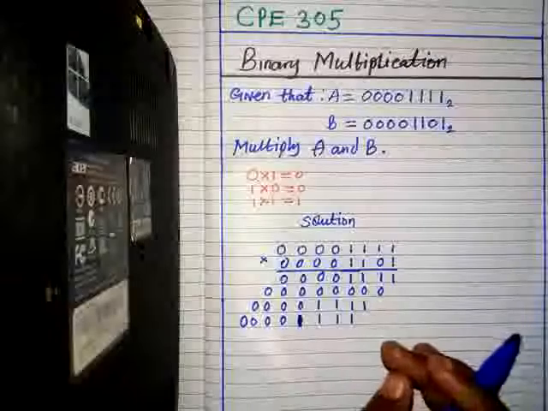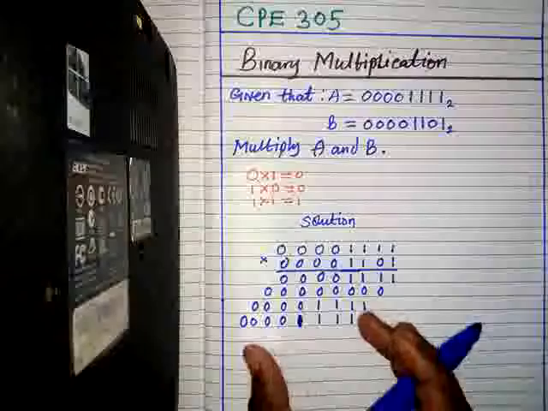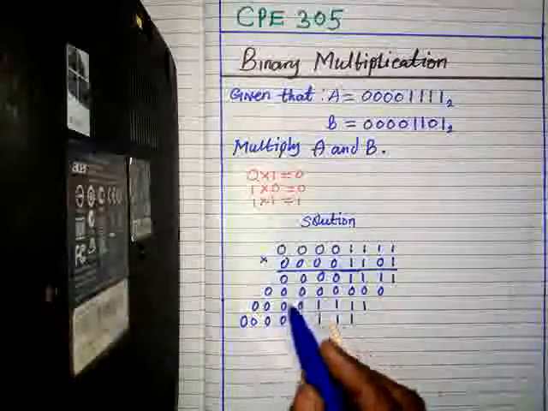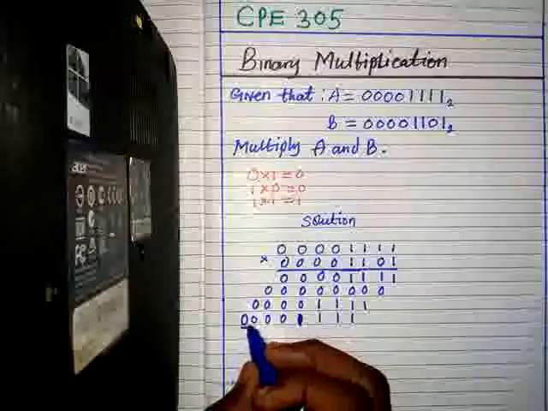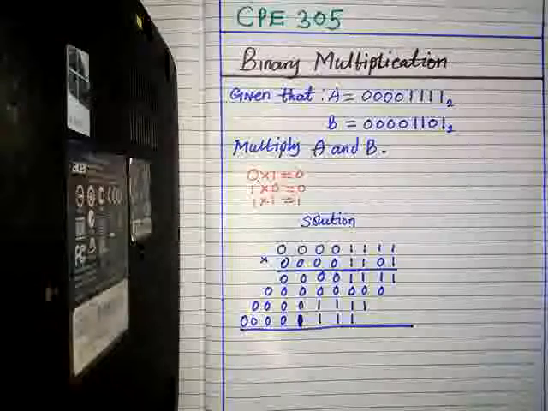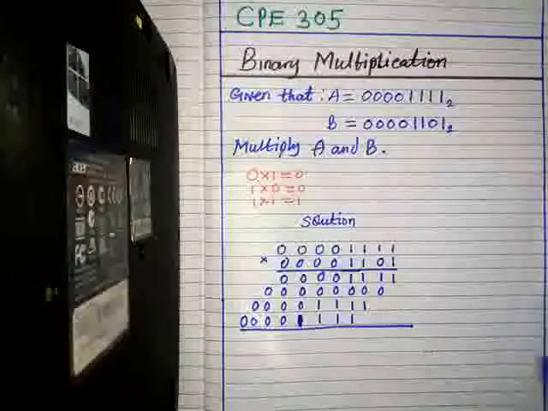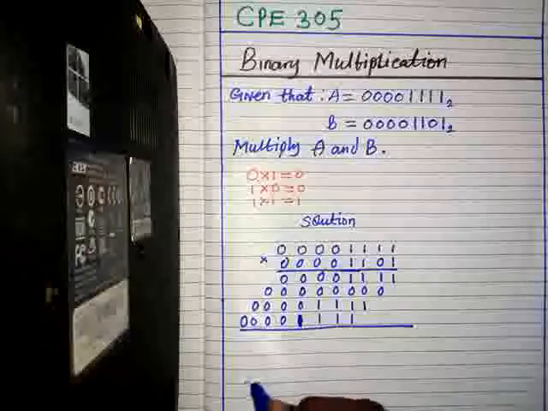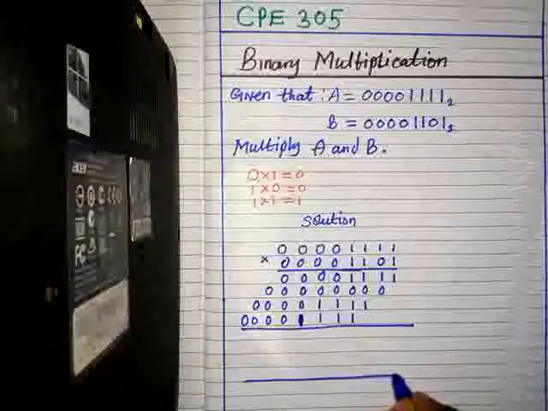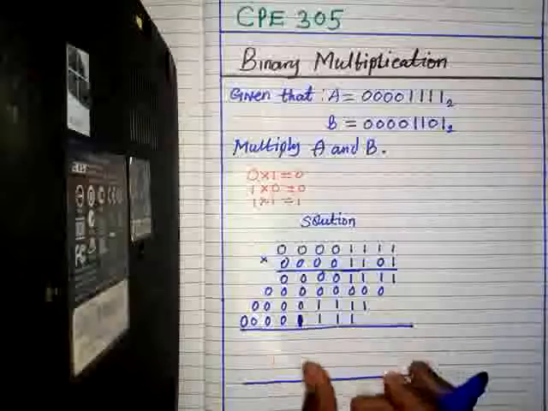In order to get the final answer, we undergo what is called the partial addition. It normally takes place in this particular layer, so I'm going to draw a line like this. Since we are dealing with binary, it is advisable to create a layer like this that will hold all the carries.